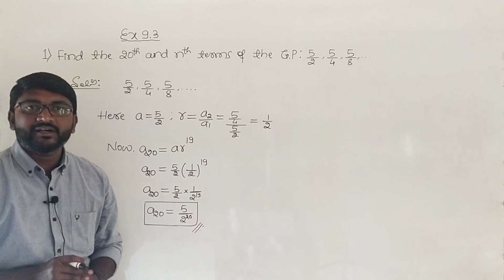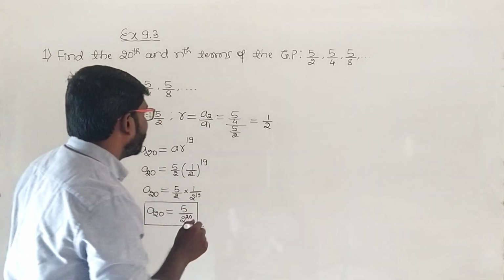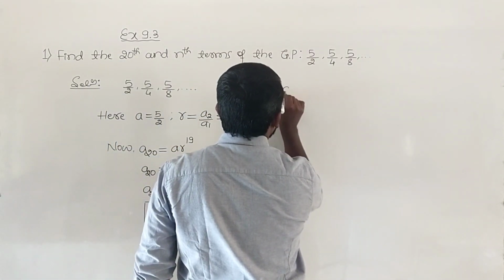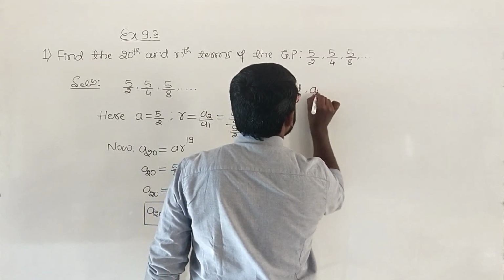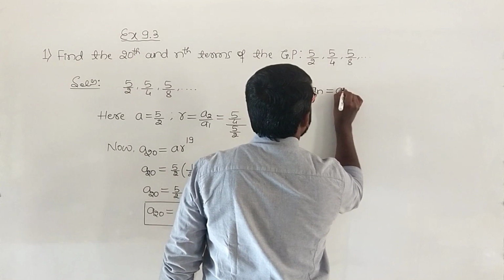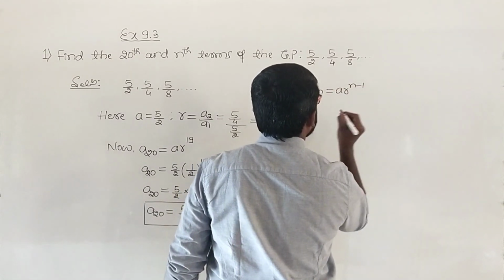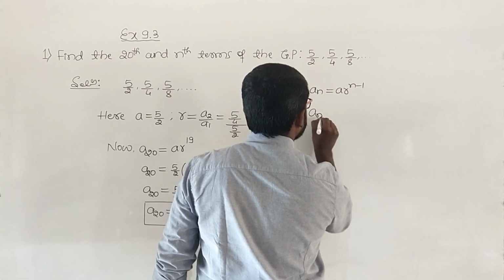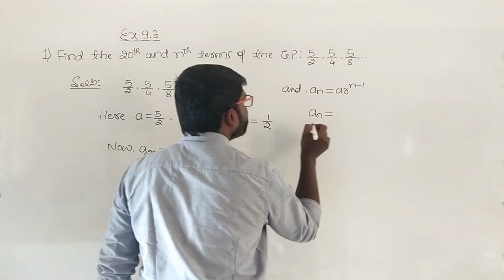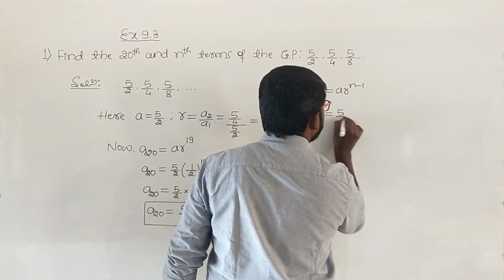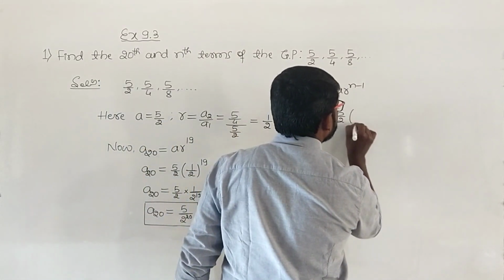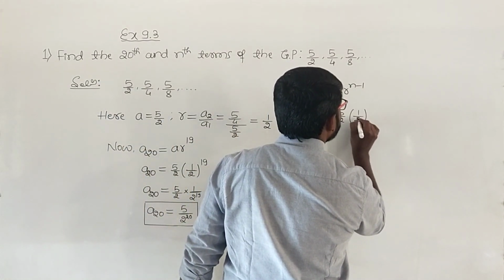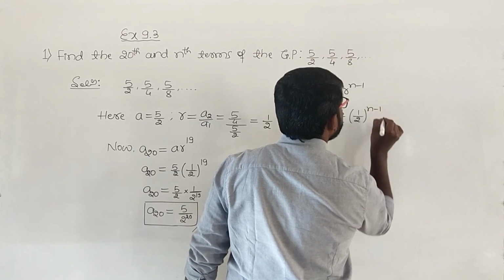Now we go for the nth term, An. An equals A into R raised to n minus 1. So An equals 5 by 2 into 1 by 2 raised to n minus 1.